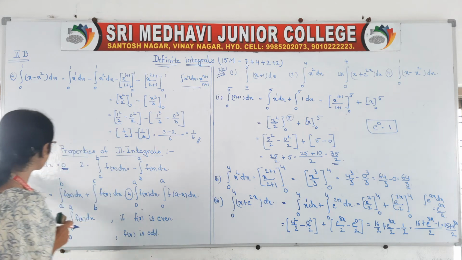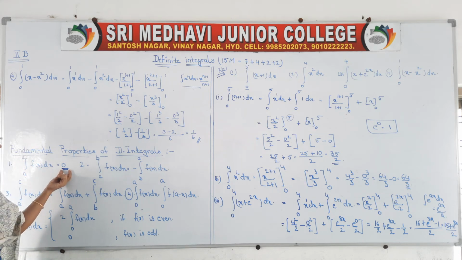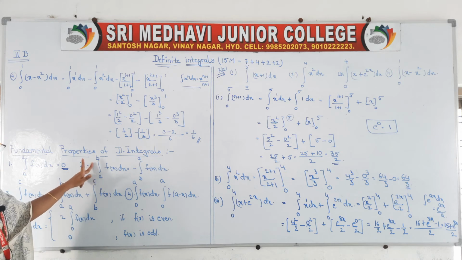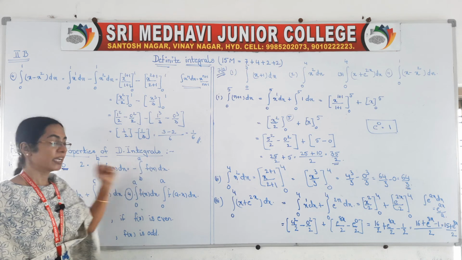The most repeated formulas in definite integrals are these. If the limits are the same, upper and lower, then that function's integral value becomes 0. If we interchange the upper and lower limits, then we get a minus sign for that integral.